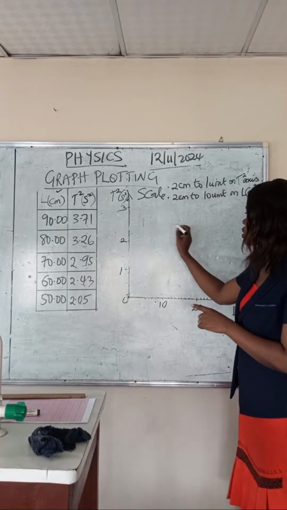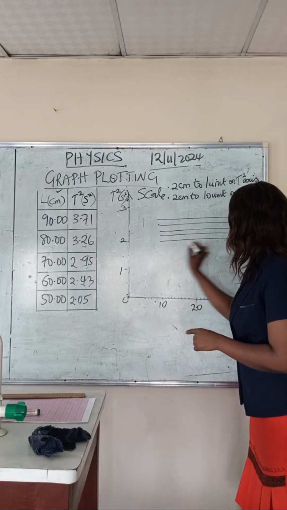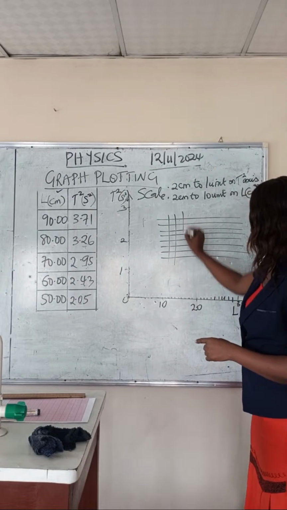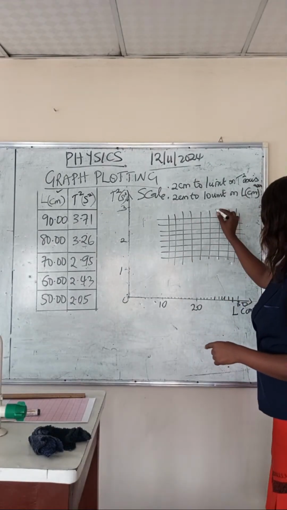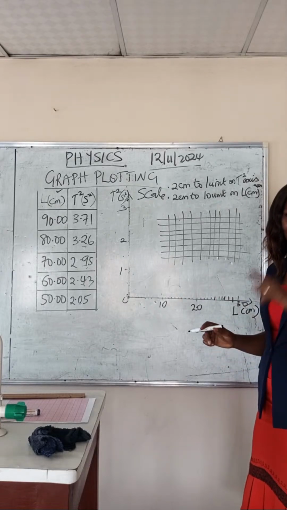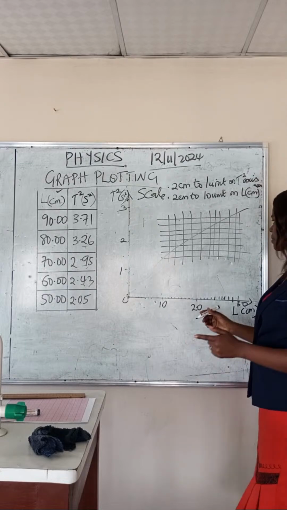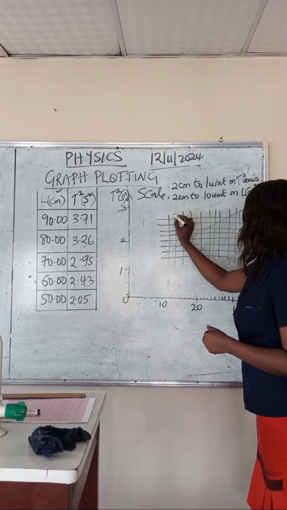This is your graph. Okay? Right? Now this is the line you just drew. Is it clear?